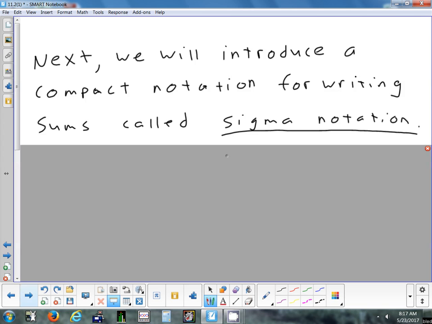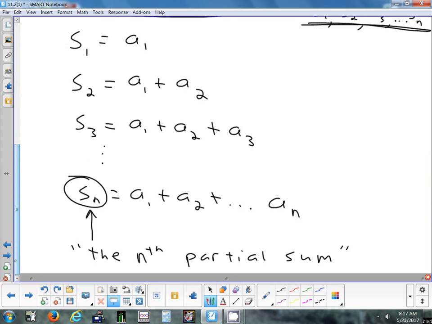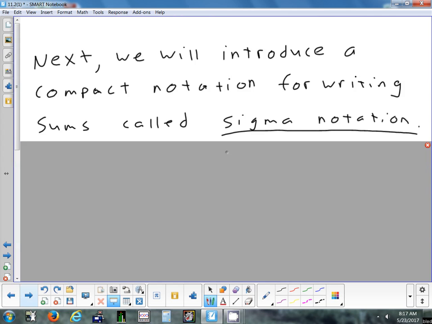Okay. So what I want to show you next is a kind of a short way. What if I wanted to write down the sum of the first 50 terms using notation like this? I don't want to write A1 plus A2 all the way to A50. It's going to take a long time. So I'm going to show you a compact way to write stuff like that down.